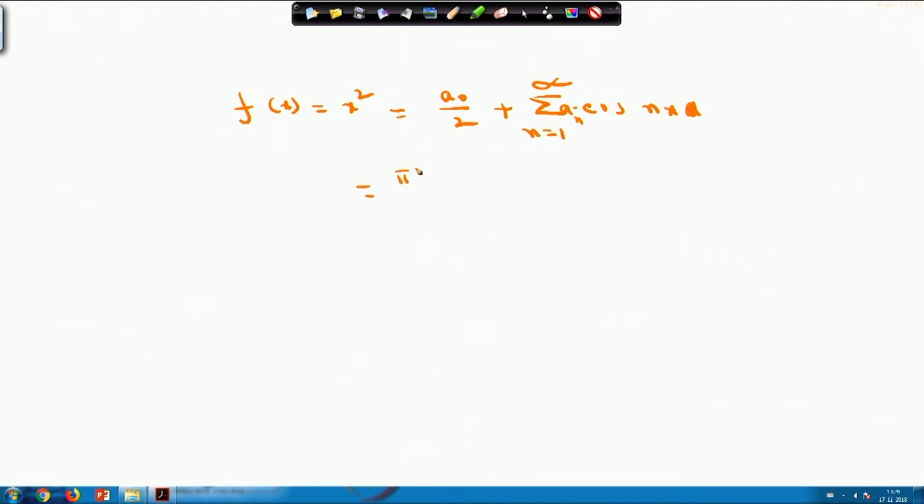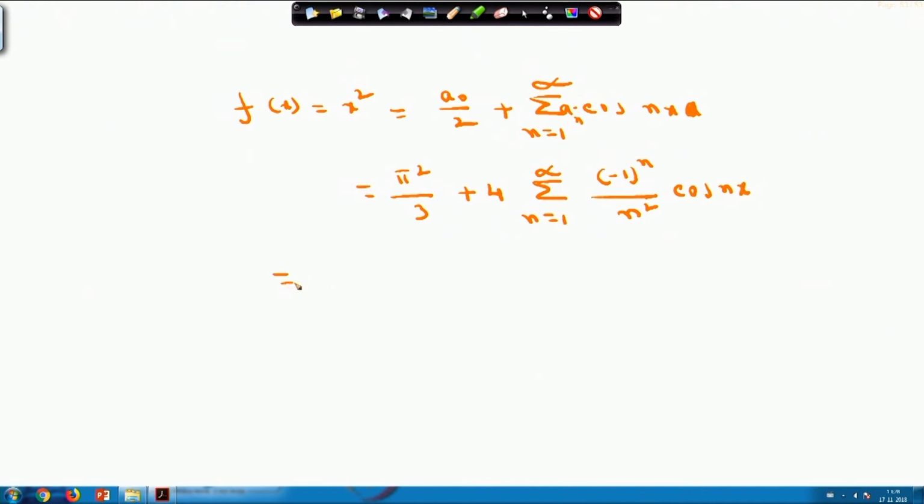Your a 0 value we know, and the a n also. So, if I substitute, summation n equals 1 to infinity minus 1 to the power n by n square into the term cos n x.